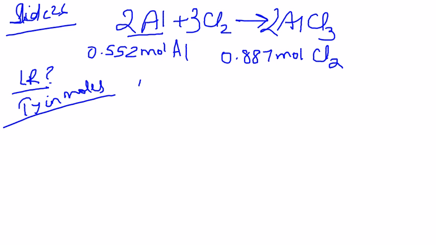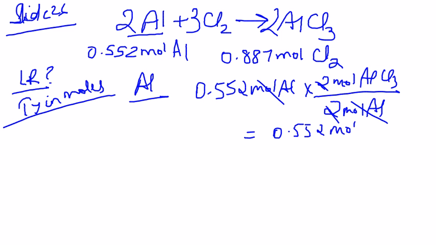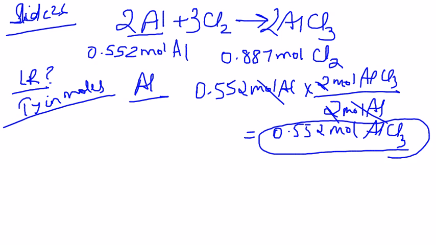So you can perhaps envision that if you're given 0.552 moles of aluminum, since 2 moles of aluminum gives you 2 moles of AlCl3, they're going to cancel off, and you're going to end up with just 0.552 moles of AlCl3. So that's my theoretical yield with respect to aluminum.